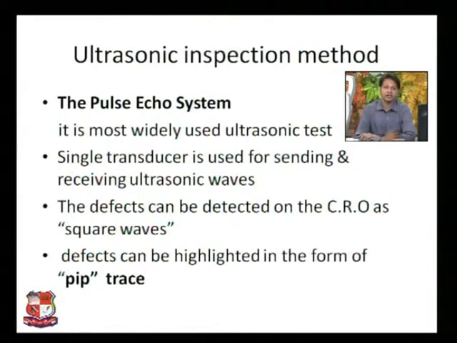When alternating voltages are applied to the transducer, it converts that into ultrasound or ultrasonic waves, and those waves are passed through the material to test it. Hence it is called ultrasonic inspection, or we can inspect the material by using ultrasonic waves.